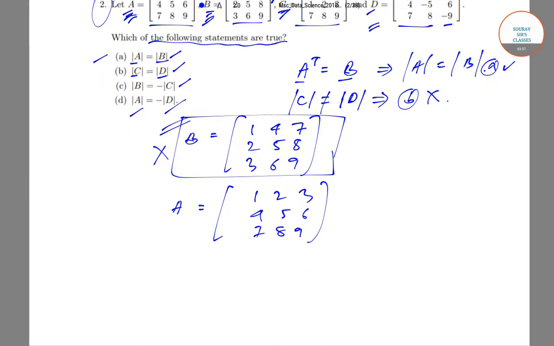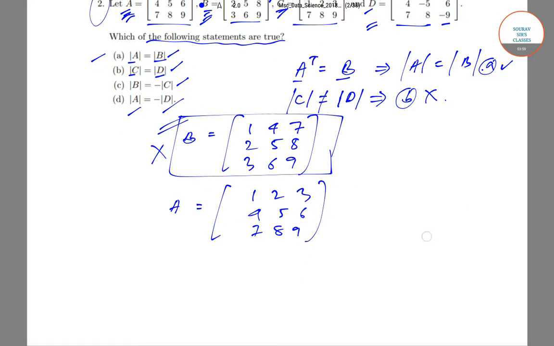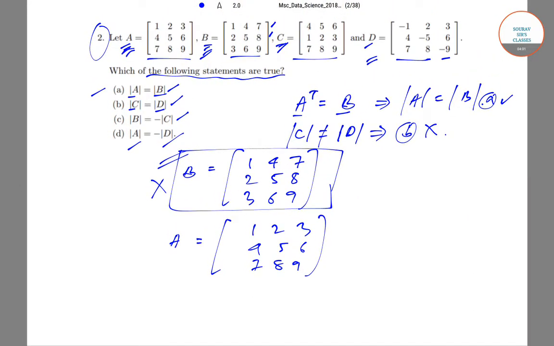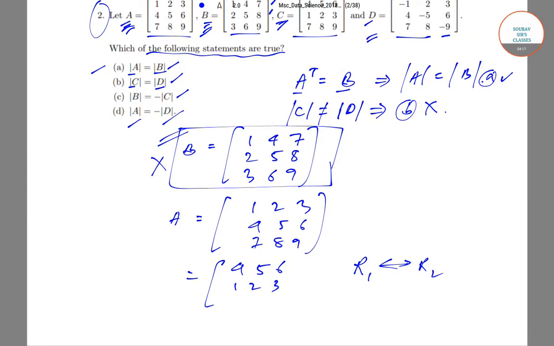Now if we do the row operations, suppose row 1 and row 2 are interchanged, we get 4, 5, 6, then 1, 2, 3 and 7, 8, 9.